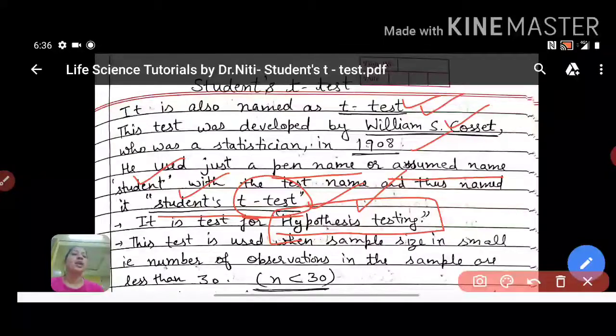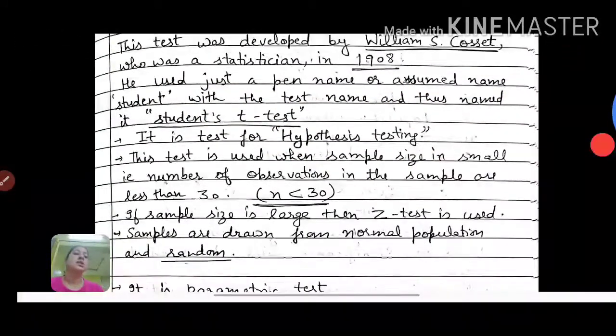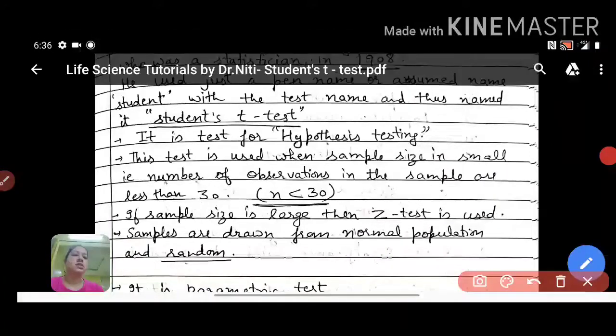Now this t-test is similar to the z-test. If the sample size is small, that is, the number of observations is less than 30, then the t-test is used. And if the sample size is large, that is, the number of observations is more than 30, then the z-test is used.